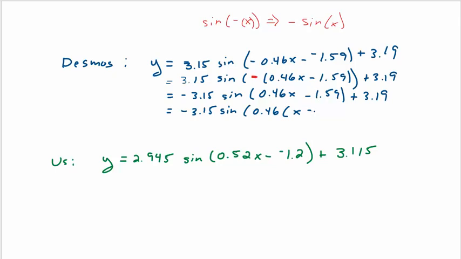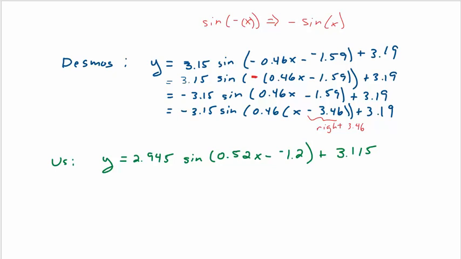Let's see, let me do that real quick. Alright, that's about 3.46. 3.46 plus, do I need another set of parentheses? Yeah, I do. 3.19. Okay, so if I was graphing this one, thinking about what this means, this is telling me that I'm shifting to the right 3.46 units, and then this is telling me that it's flipping upside down.